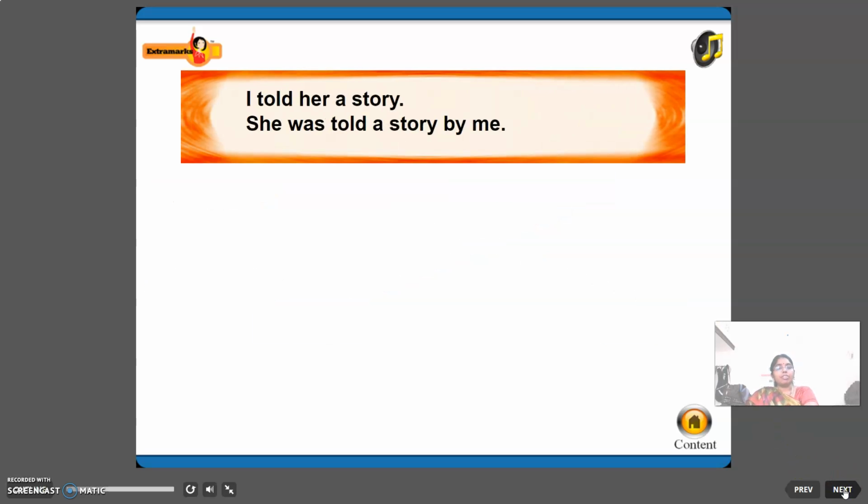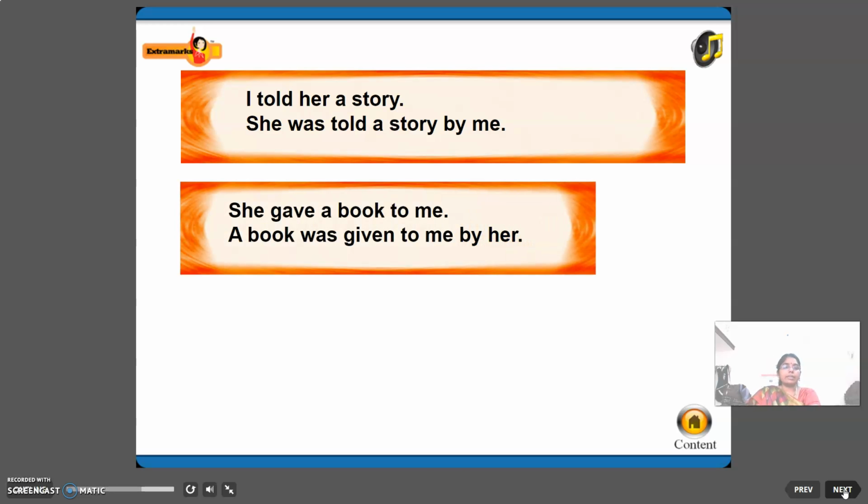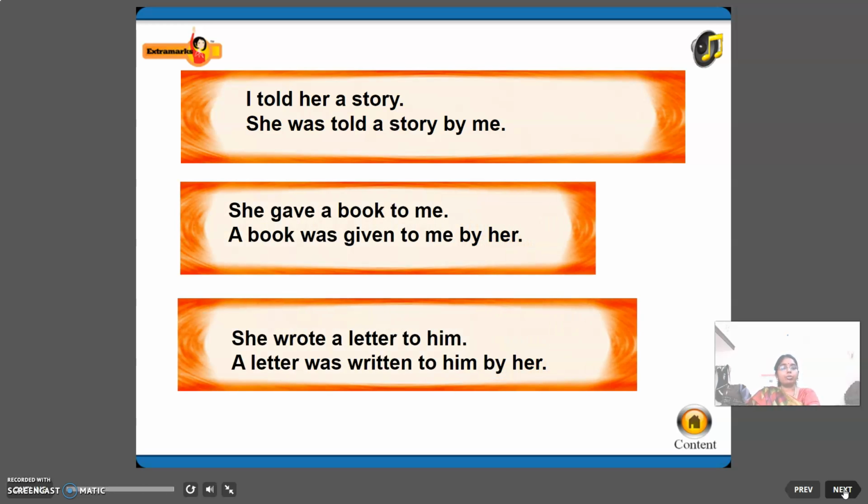Next, we'll see so many other examples. I told her a story. She was told a story by me. Since her is an indirect object, it becomes she. She was told a story by me.